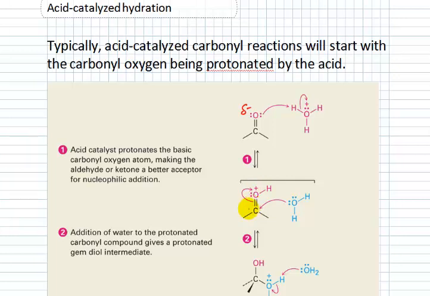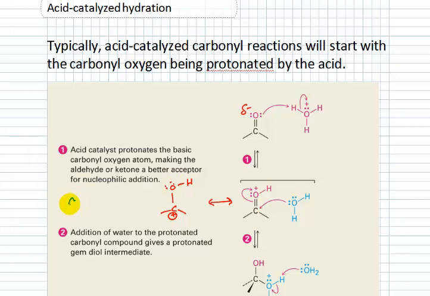This protonated carbonyl has a resonance structure. You don't always have to draw this resonance structure, but it's in resonance with a full carbocation. So the carbon of a protonated carbonyl is even more electrophilic.